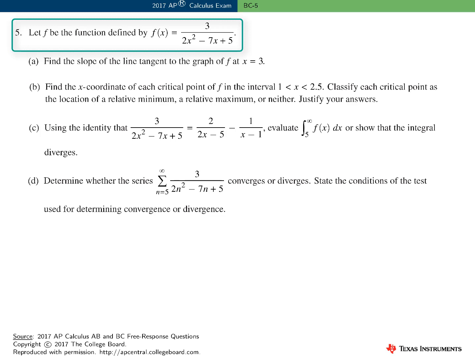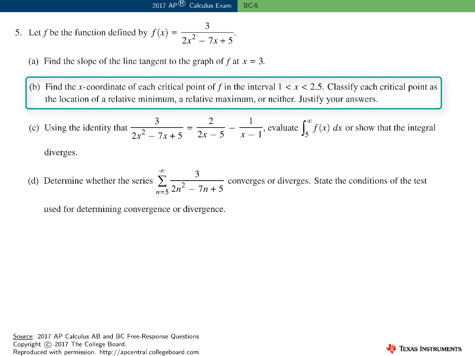In this problem, we're given a rational function f. In part A, we need to find the slope of the line tangent to the graph of f at x equals 3. In part B, we need to find all the critical points of f in the interval 1 to 2.5, and then classify each of these as the location of a relative minimum, relative maximum, or neither.